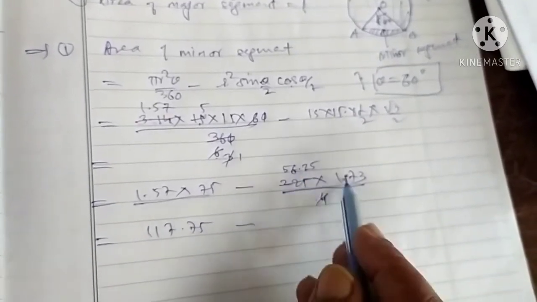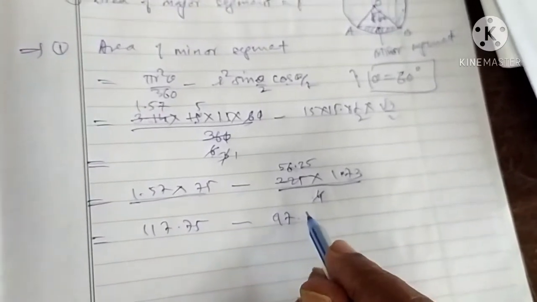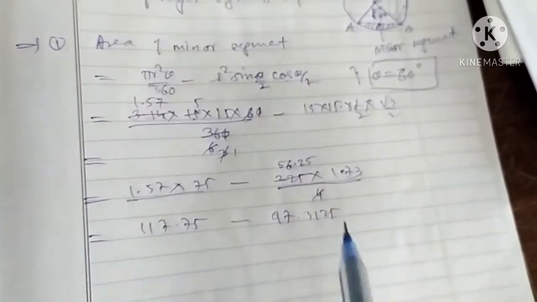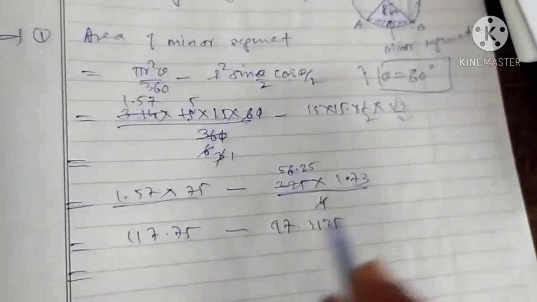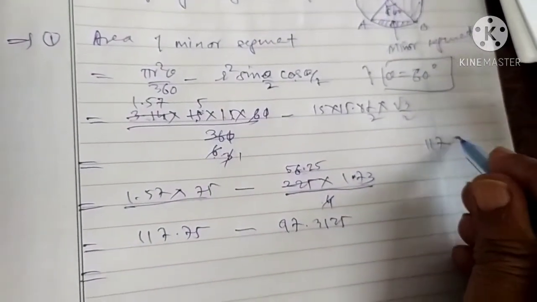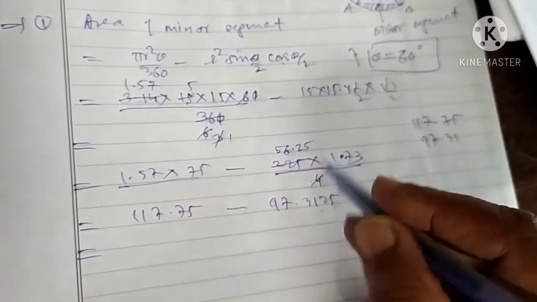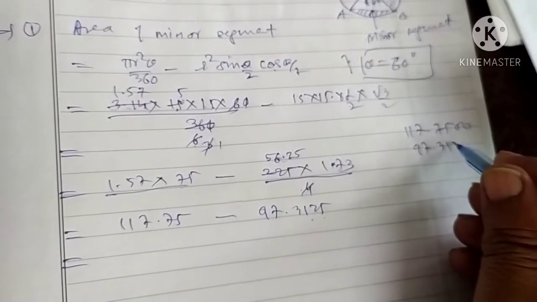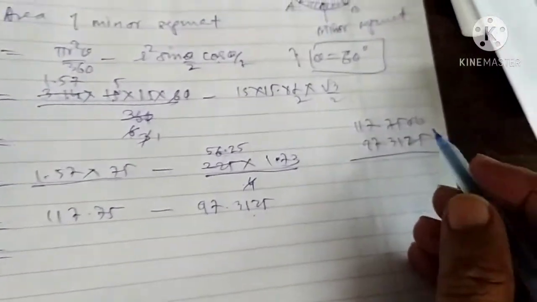If you multiply these two numbers you will get 97.3125. Please multiply yourself. Clear? Now subtract. No delay, be careful.